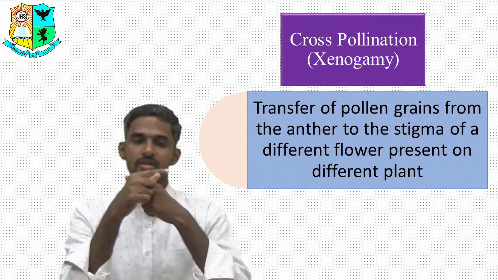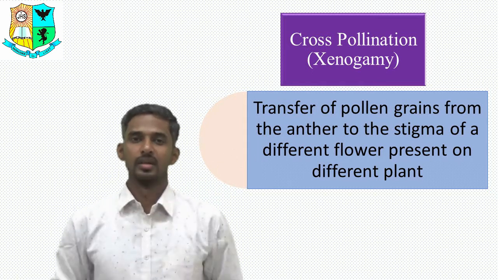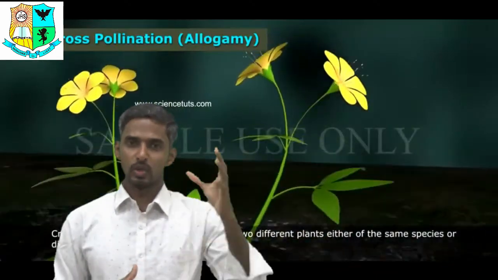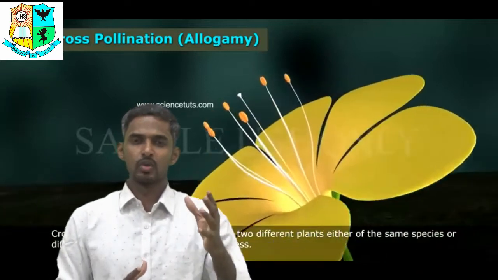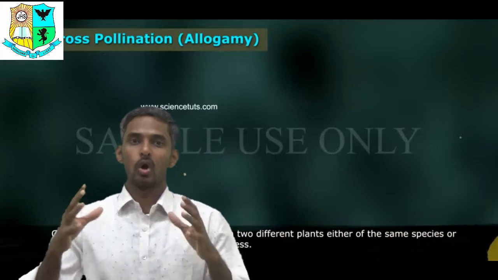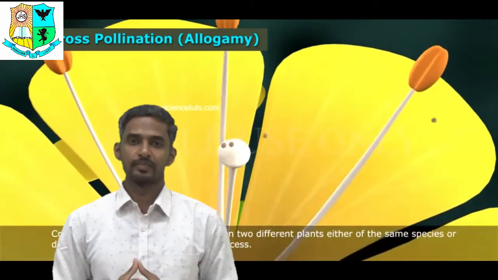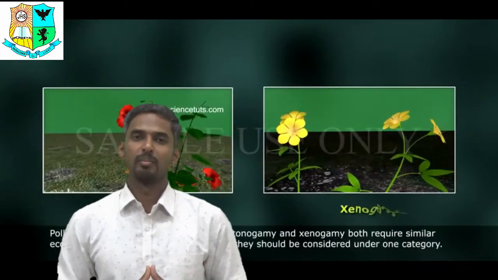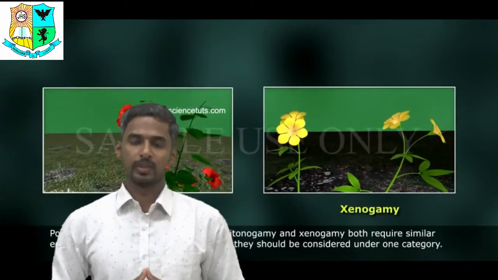Cross means crossing from one place to another, and here what happens, the pollen that is produced in one flower is transferred to the stigma of another flower, and this flower is present on an entirely different plant, and therefore such transfer of pollen grain is termed as cross pollination.